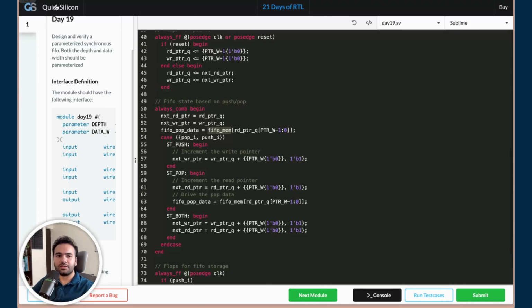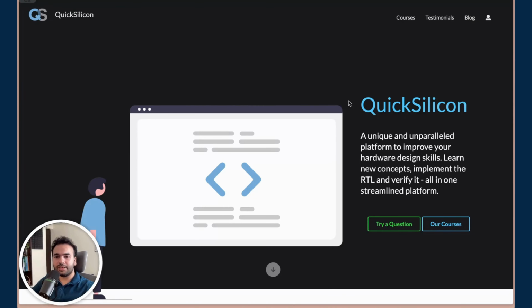So just a tip: always check the signal value used to index that array as well, and whether it is in bounds or out of bounds. Cool. So this was about the X-prop.